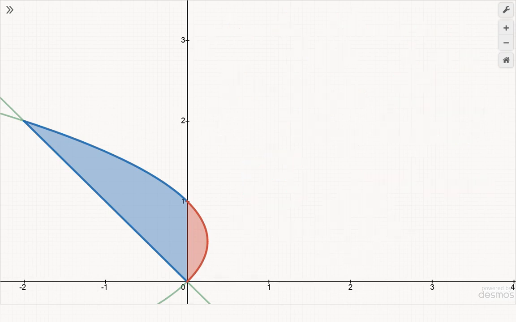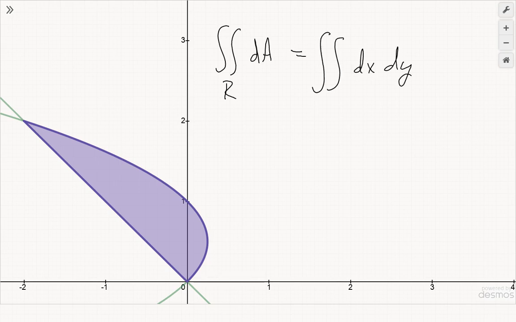Okay, so if we do it with horizontal slices, then first of all, we don't need to break the region up into two pieces. So the integral of R dA. Now we're going to be doing the x direction first and the y direction later.